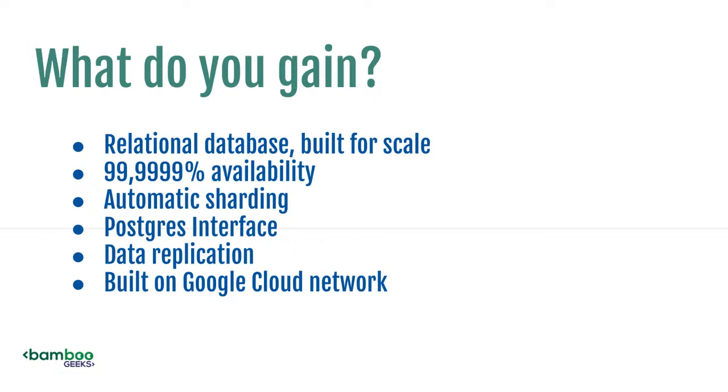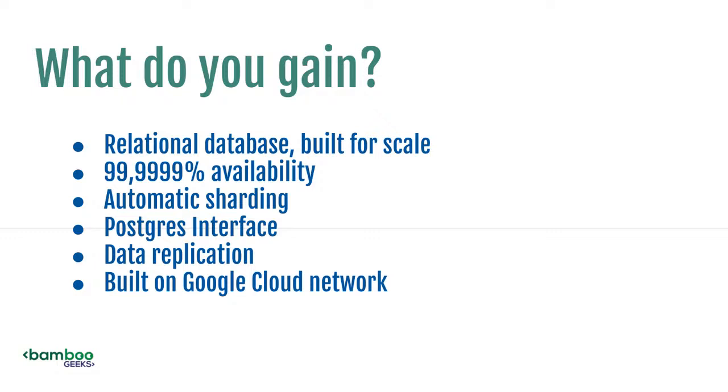So again, what do you gain from Cloud Spanner? It is a relational database that is built for scale, which means that it's built for big global scale. It's highly available. There is no downtime, as I told you, 99.999% availability. It does support automatic sharding and automatic replication. It does have a Postgres-like interface, which makes developers very familiar with it, and does not require a lot of time to get started.